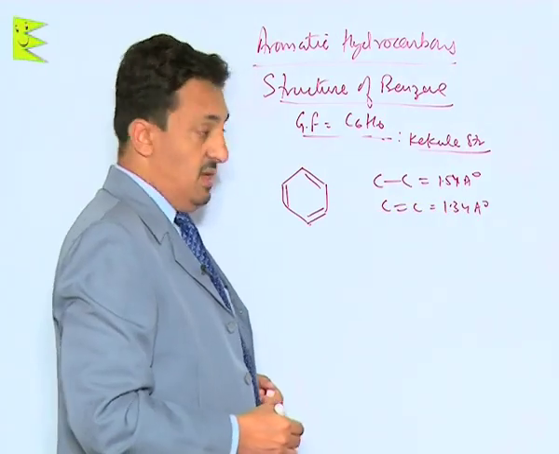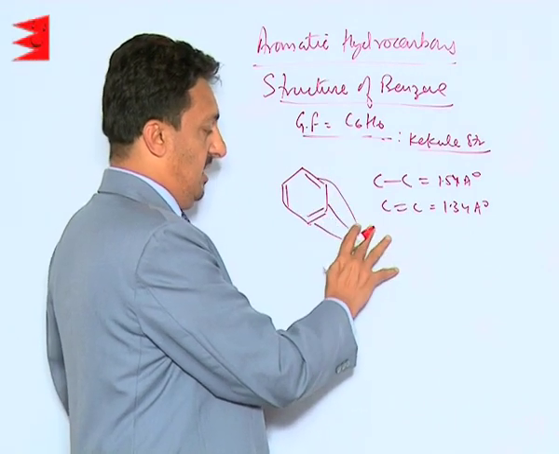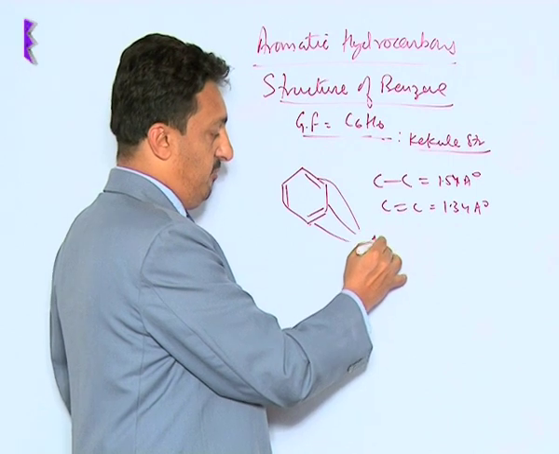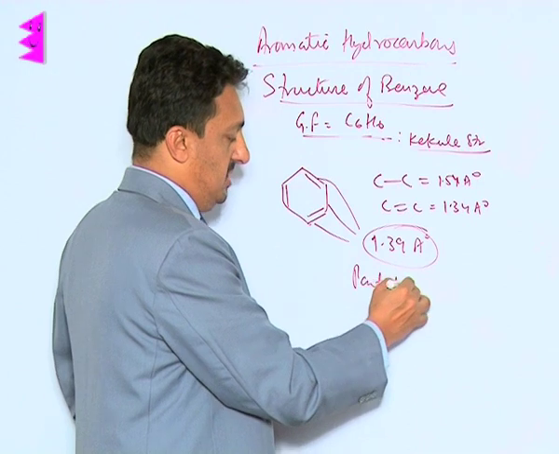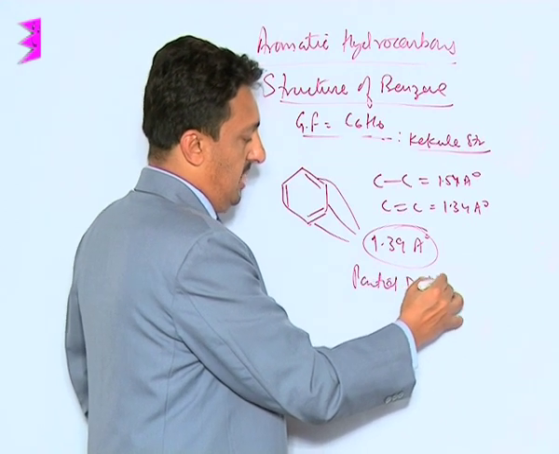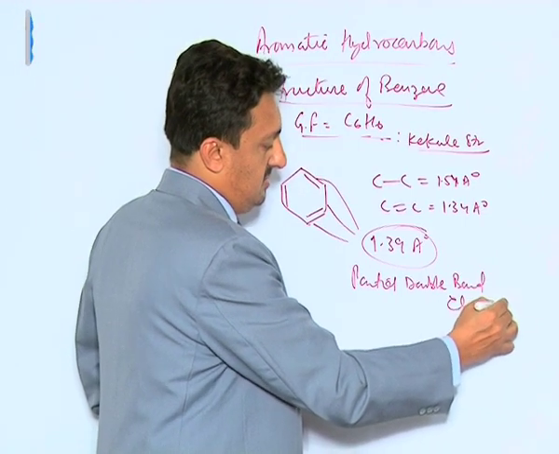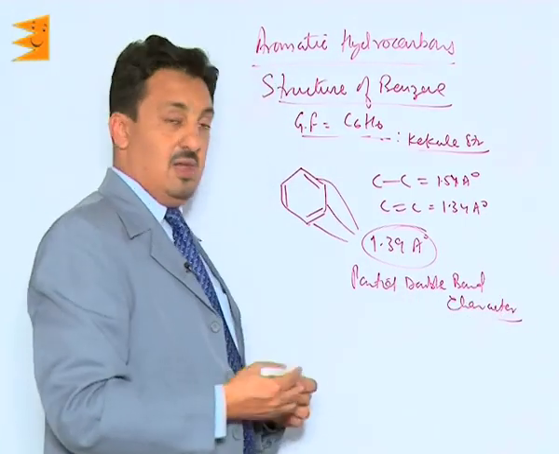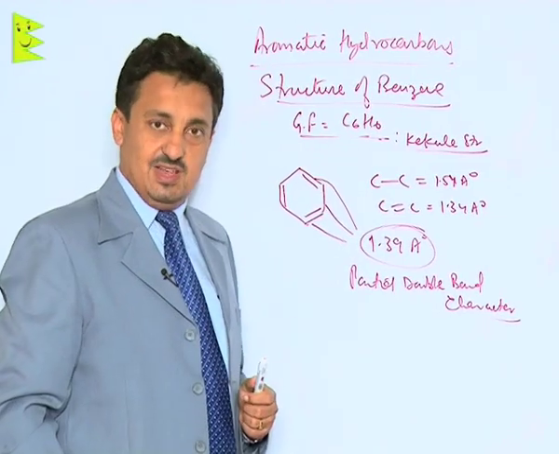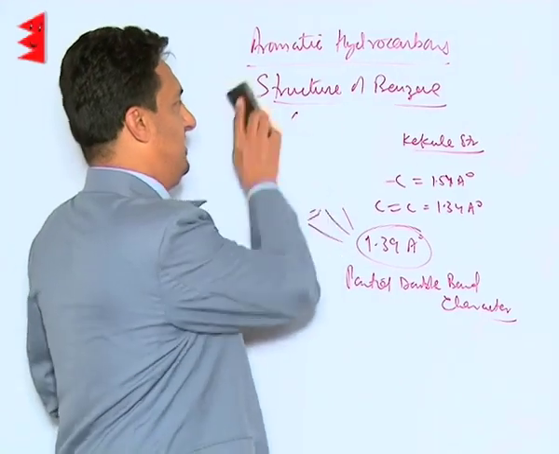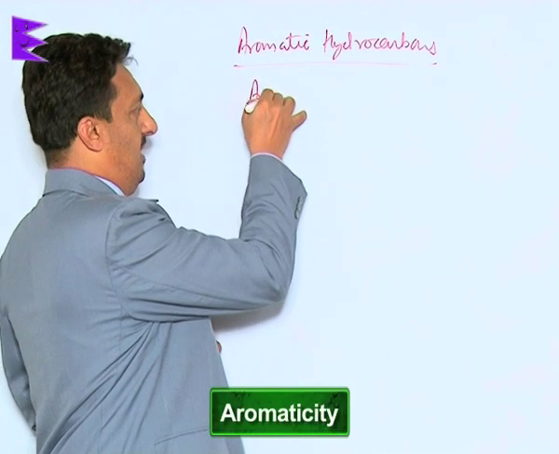But what we find is all C-C bond lengths in benzene are 1.39 Angstroms, which we call a partial double bond character. So it's neither a single bond nor a double bond, it's a partial double bond, and it is mainly because of the delocalization of pi electrons. Now, after understanding the structure of benzene, let us discuss what exactly aromaticity is.